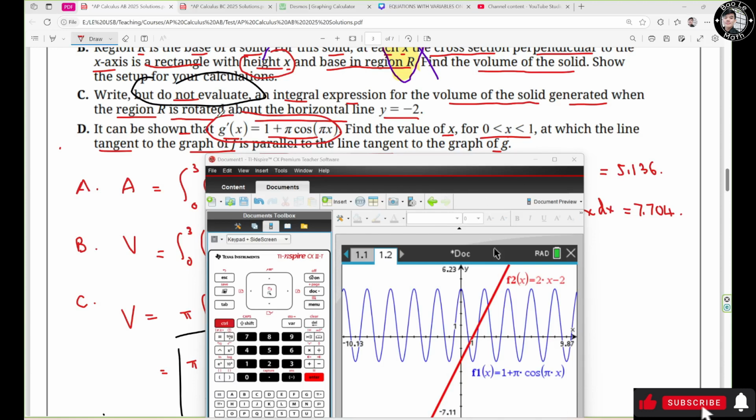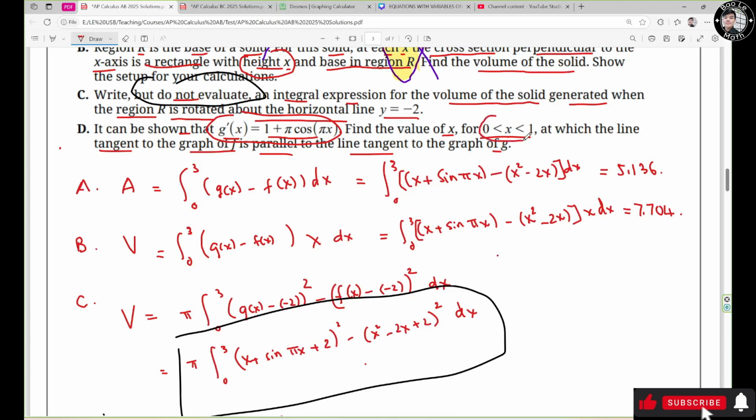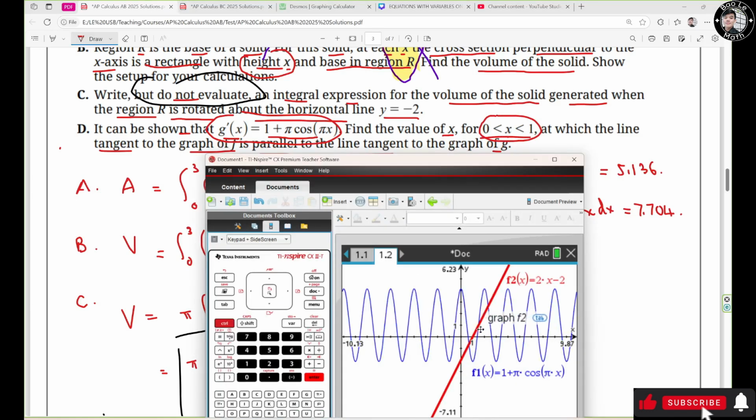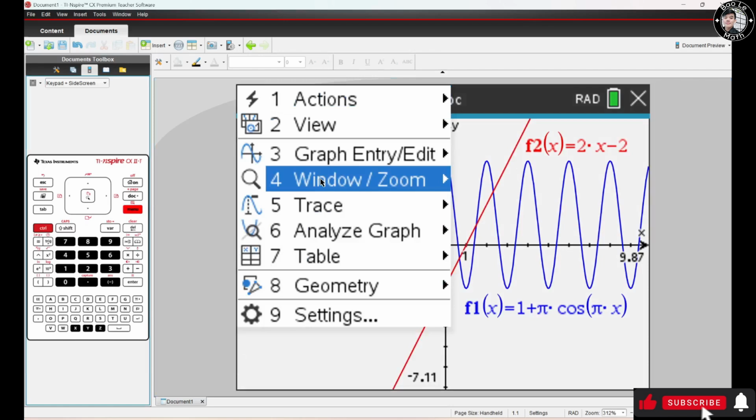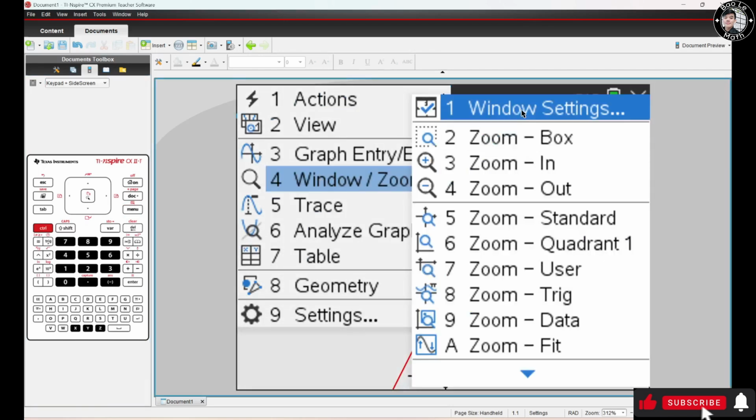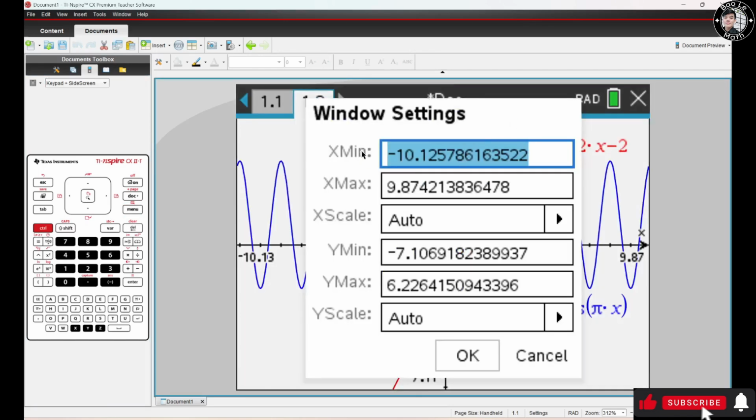Now I need to find the intersection between these two guys where x is from 0 to 1, so keep that in mind. You need to limit the domain. It's going to be from 0 to 1. So now I need to hit menu, window, window settings right here. As x min I put 0, as x max right here I just put 1.